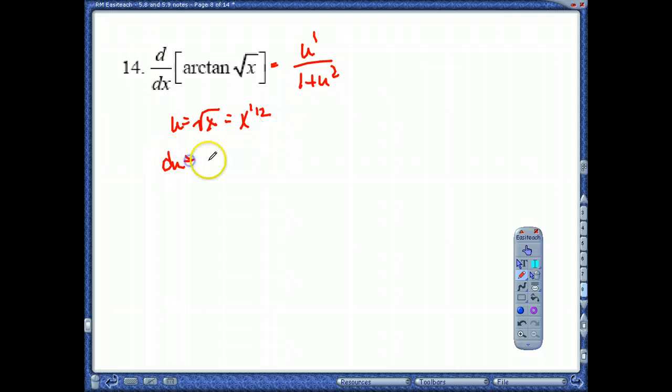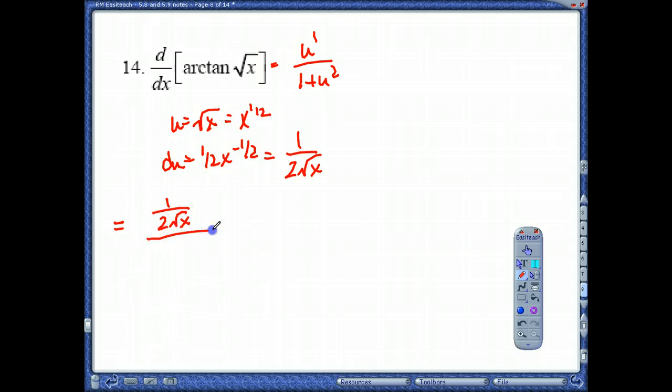So du is going to be 1/2 x to the negative 1/2 power, which is 1 over 2 square root of x. When I fill in my formula, I've got 1 over 2 square root of x, it's du, over 1 plus u squared, which is going to be x.